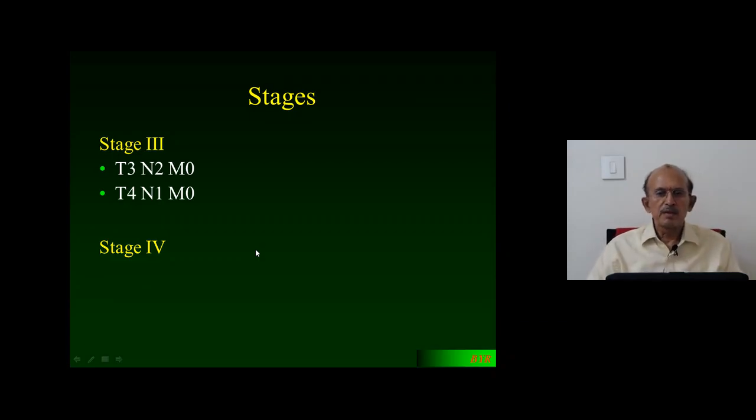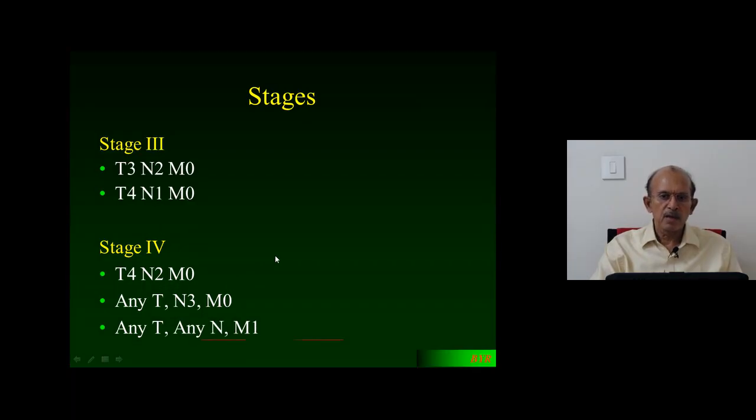Yes, the tumor which has infiltrated beyond the serosa into the adjacent viscera is called T4. Stage 4 means T4, N2, M0 or any T, N3, M0. That means if N3 is there, we call it stage 4, irrespective of the T staging. Or any T, any N, if M1 is present, then we call it stage 4.